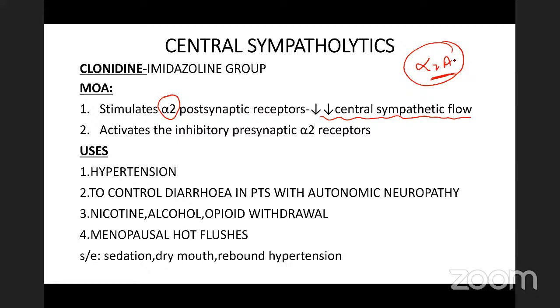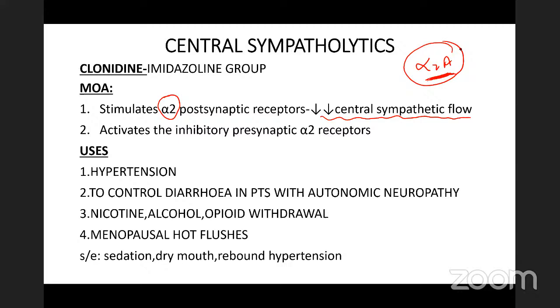The scenario is different when it is located in the periphery. In the periphery, alpha 2 receptors cause vasoconstriction. But in the central nervous system, whenever you stimulate the alpha 2A receptors, it decreases the central sympathetic outflow. So there is decreased sympathetic activity, and the adrenergic drive towards the heart as well as blood vessels decreases, which results in decreased heart rate and decreased cardiac output.